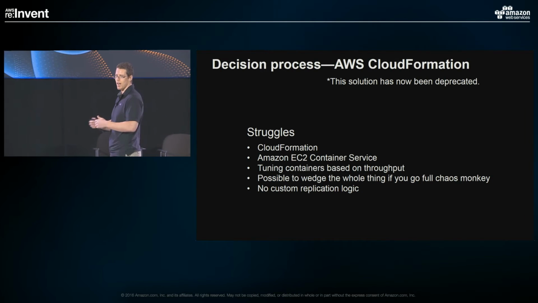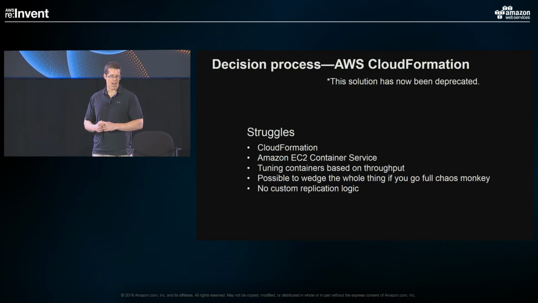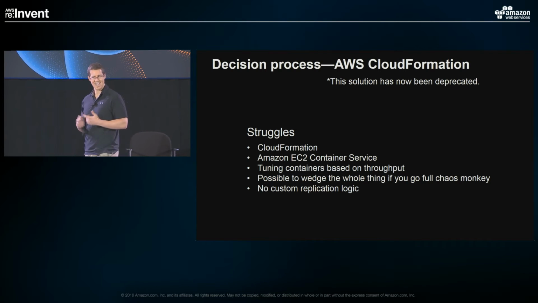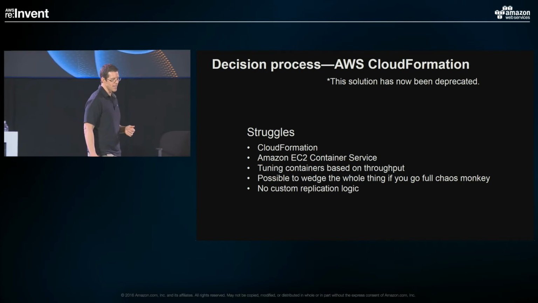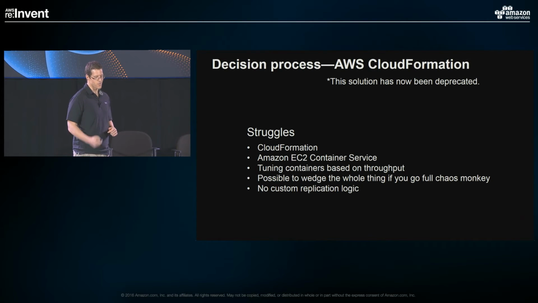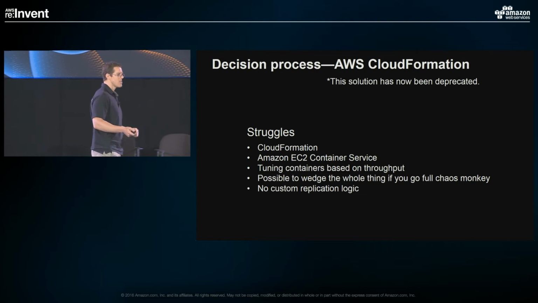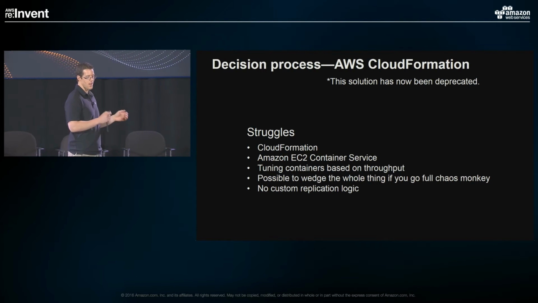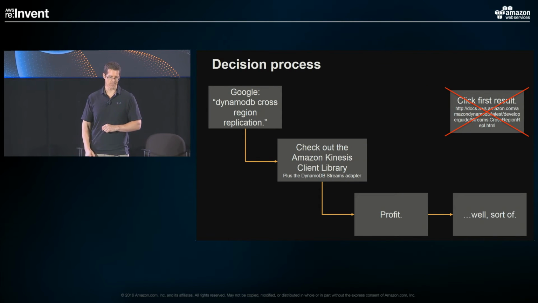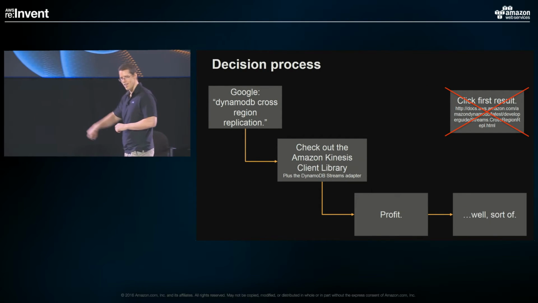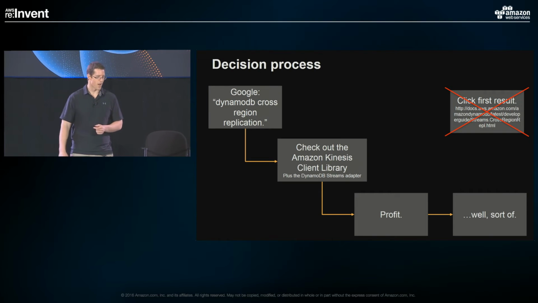It would also do the initial copying of the table data. If you really mess with it, like deleting tables and stuff while it's working, you could get it into a bad state, and I had to get Amazon reps to help me fix it. So we didn't go with that solution, even though it was not deprecated at the time we were evaluating it. So we kind of threw that one off into the rejection pile on the upper right.